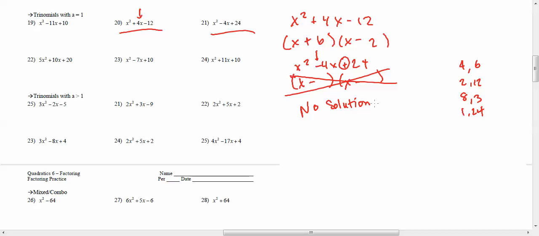You understand? I can't figure out any of these numbers that add up to be negative 4. Not everything can be factored, I hate to say. This one happens to not be able to be factored. Sorry. So you just say no solution.